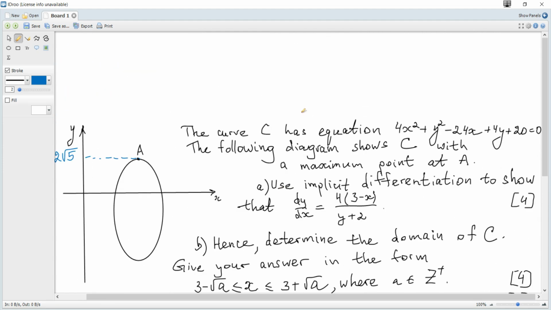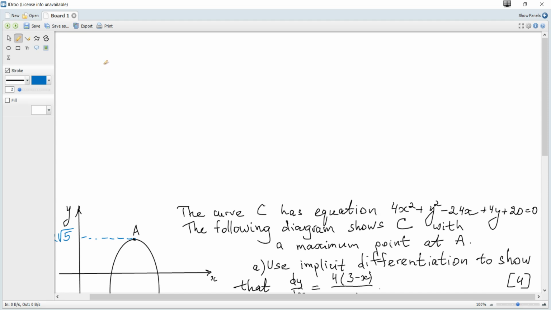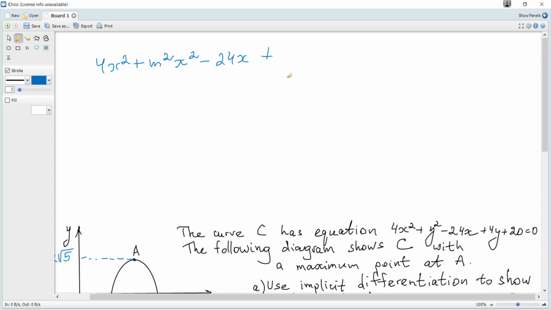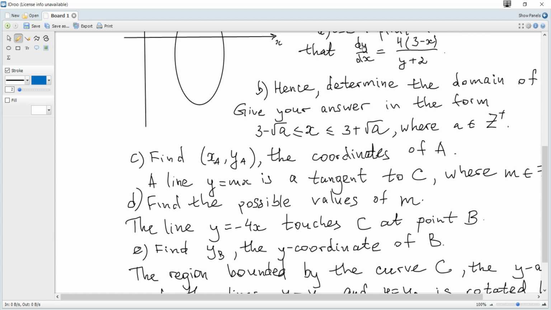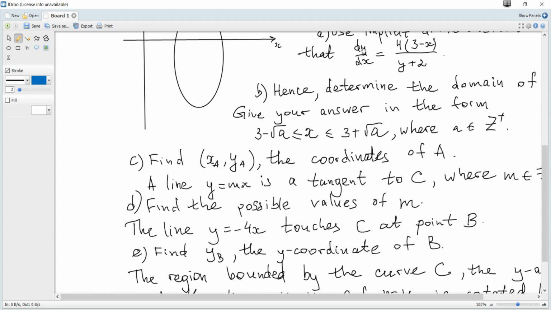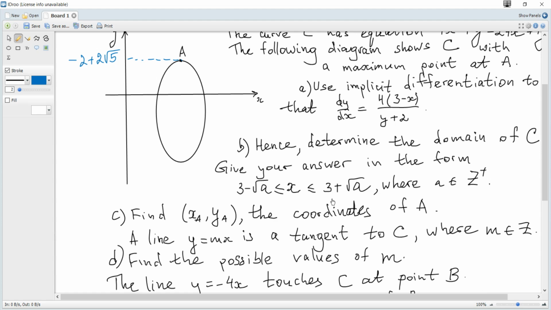So mx for y to get 4x squared plus m squared x squared minus 24x plus 4 times mx plus 20 is 0.